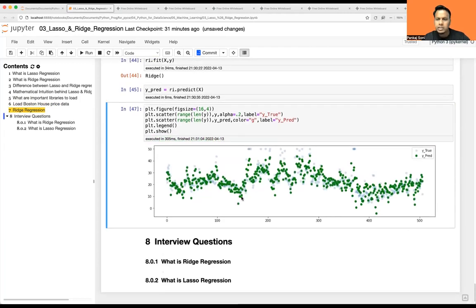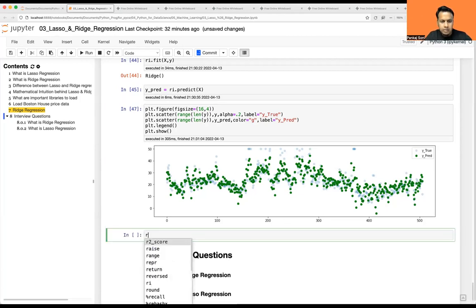So this is also having a very good predicted value, but as I mentioned, in ridge we have the penalty as the square of the slope, right? So due to that, a lot of features are not going to be set to 0, but they are going to move very close to 0. Okay, and it will optimize very properly so that it will maintain the parabola curve, and it will find the best fit line for that.